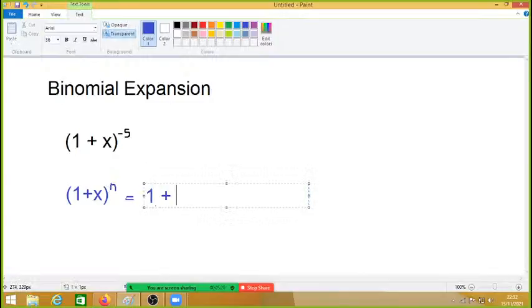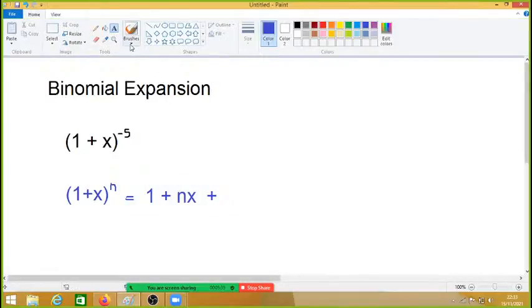That's nice and easy, plus the power n times x. Again, very, very easy. And now from here it gets a little bit tricky, so you just got to keep watching and see what happens. The x is really x to the power 1, so I'm just going to squeeze a little power 1 in there so that you can follow what's going on when it gets a little bit more complicated.